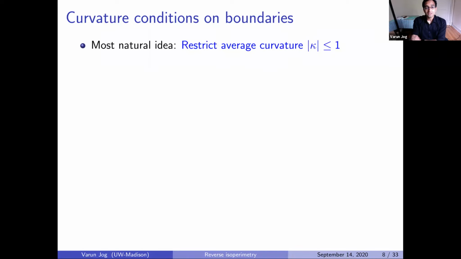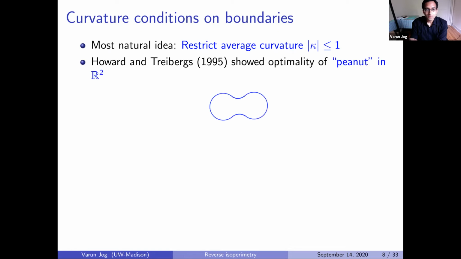The most natural idea is to restrict what is called the average curvature to something less than 1. So in R^2, if you have this kind of an average curvature constraint, then Howard and Treibergs showed that if the area is sufficiently small, then the peanut shape shown on the slide is optimal.